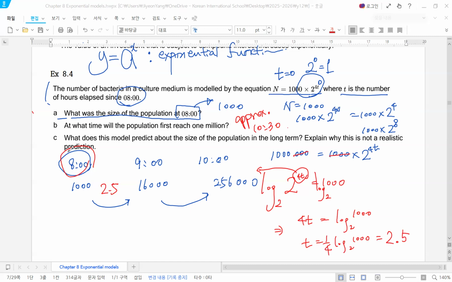And then, what does this model predict about the size of the population in the long term? What do you think, students? It's impossible to grow forever, because of the limit of resources. Did you understand what William said, students? Okay.